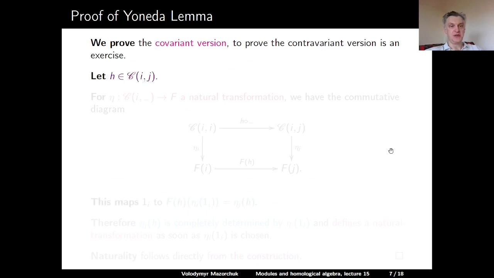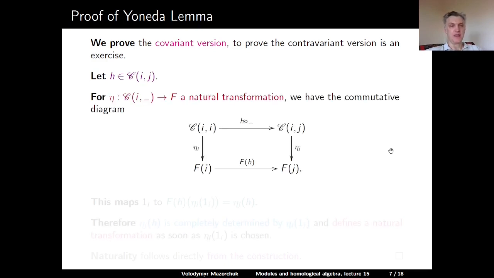So let h be a morphism in C from I to J. Then, for any natural transformation eta from the representable functor C(I, -) to F, we have the commutative diagram as follows. We can start from C(I, I) and use the postcomposition with h to go to C(I, J), or we can use eta_I to go to F(I).